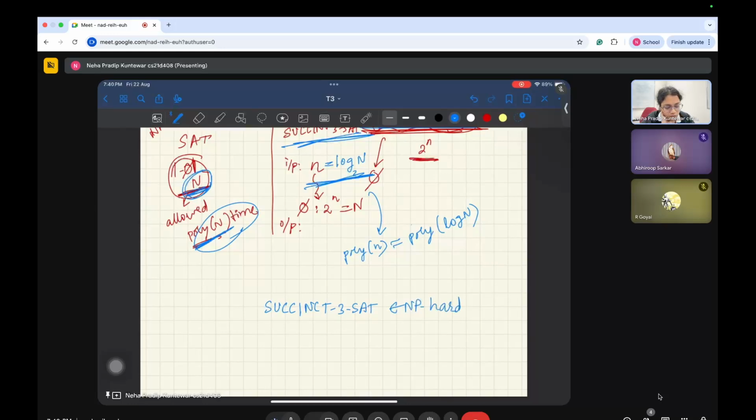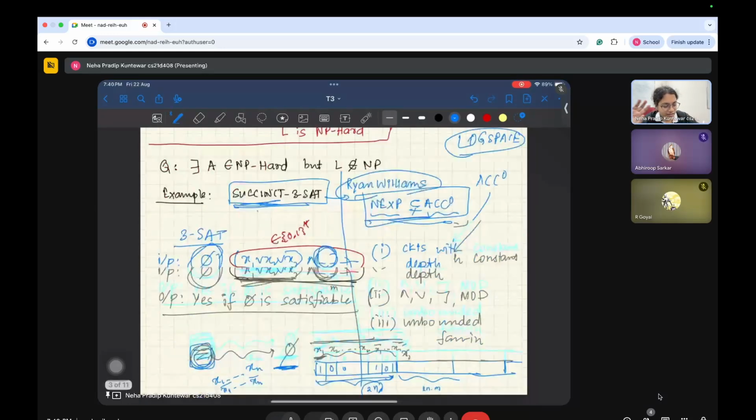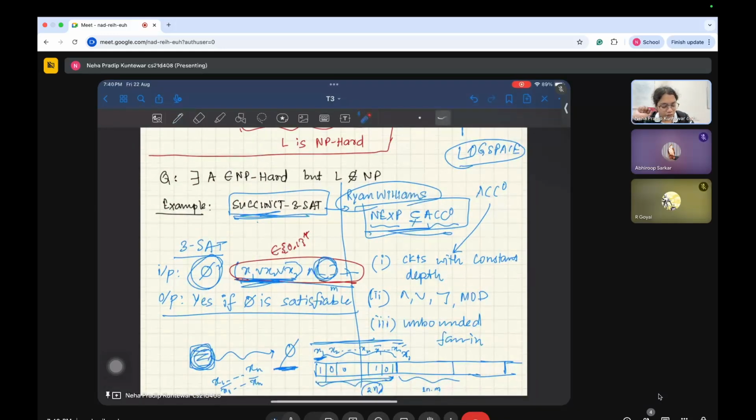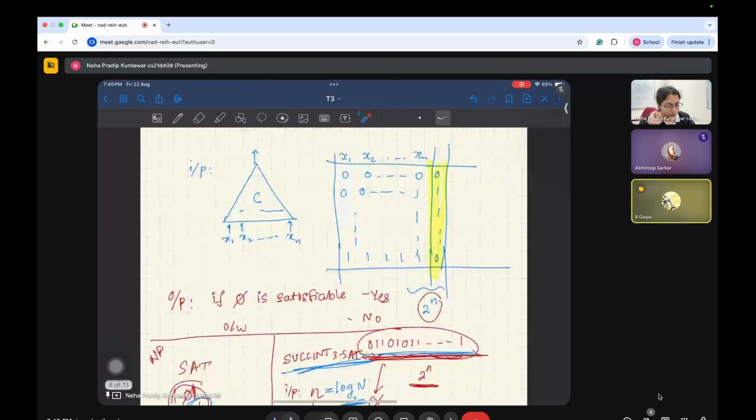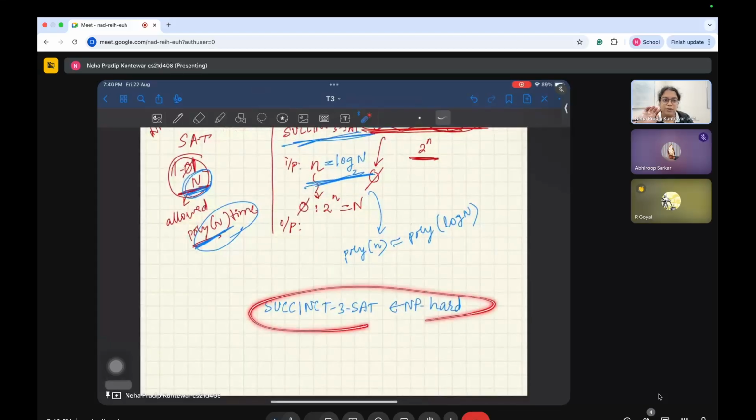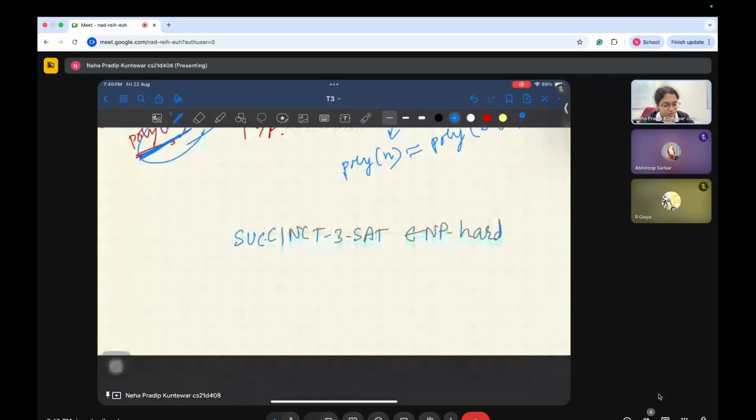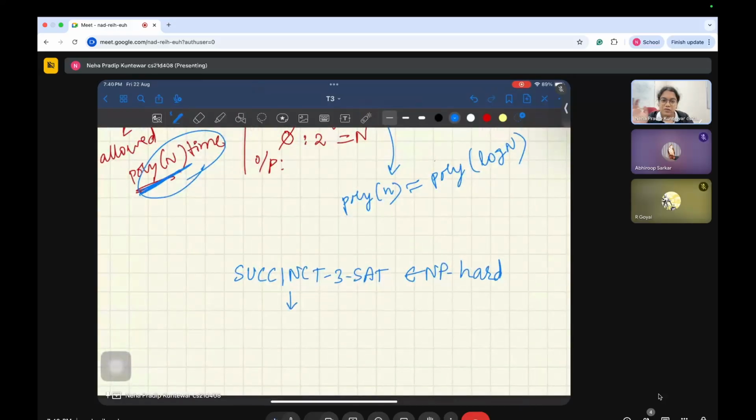Recall going back to the question that we had: we wanted a language which is hard but is not in NP. We did show that it is NP hard. We didn't yet show that it is not in NP. So how do we show that? It turns out this is also not easy to prove. It's an entire paper of proof. This problem is actually complete for NEXP.